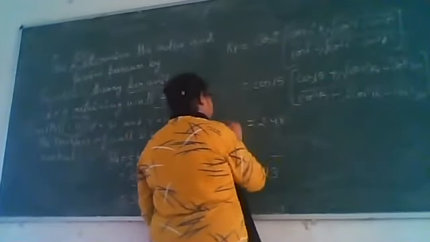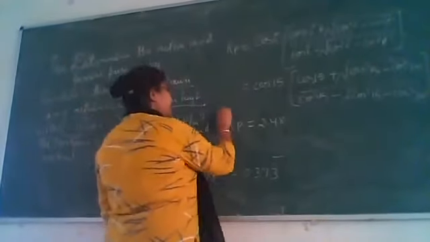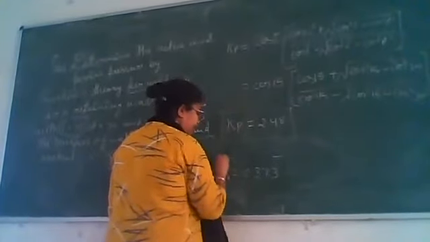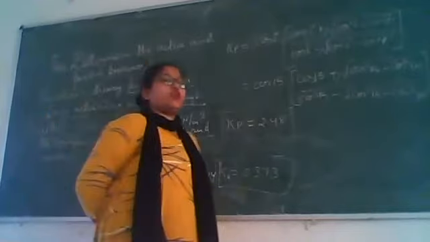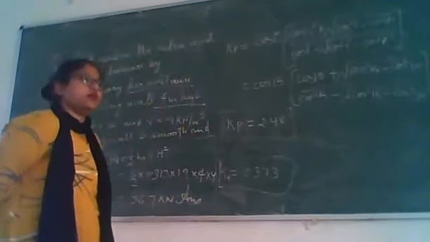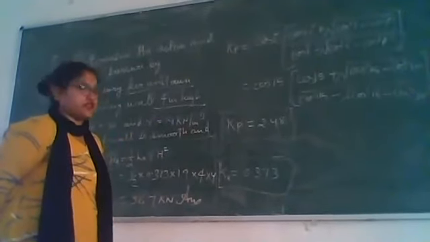Now, the next thing which we have to conclude here is that my Kp value is 2.48 and my Ka value is 0.373. My active pressure is always and always less than my passive pressure.